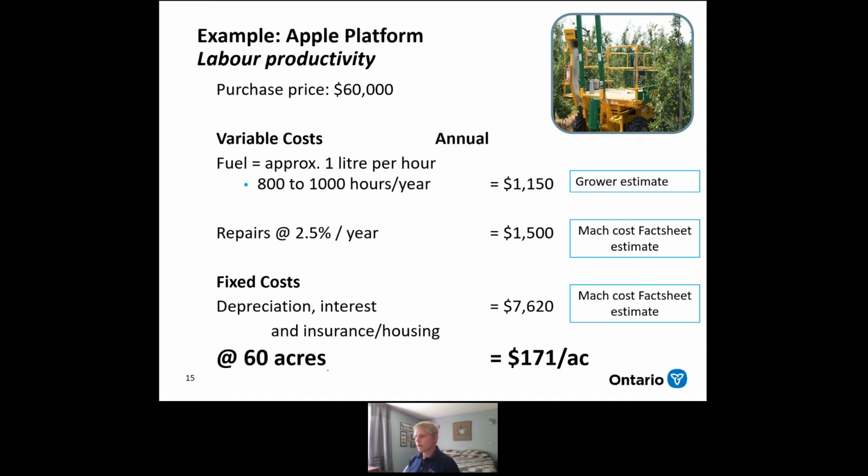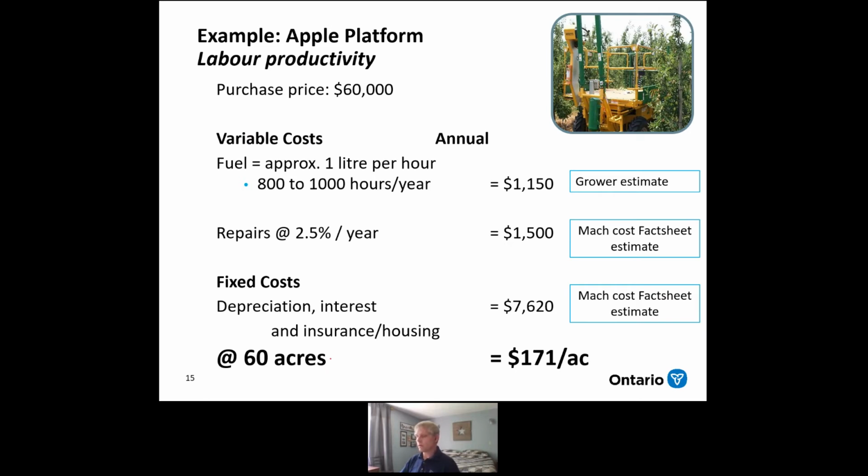So we had to go through the process of calculating the machinery costs. With the fuel, talking with the growers, we get the estimates of how much they've used it and the fuel use on it. But then the rest of it, we were able to use the machinery cost fact sheet and the calculators to calculate estimates on these, because if it's not a piece of equipment they've got on a farm, they don't necessarily have those costs.